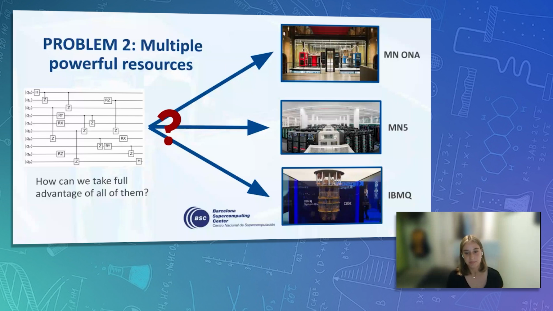And we also have access to other quantum computer resources like the IBM cloud, where we managed to get some credits and access. So our second question was how can we take full advantage of all of them and use them to simulate these bigger circuits that maybe in our Mare Nostrum Mono couldn't fit.